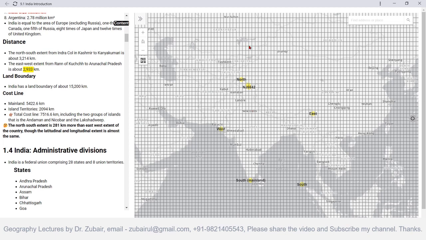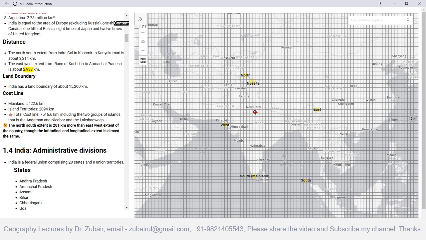But as you move up, you will find that the gap between two latitudes is widening. It is increasing. On the other hand, the gap between two longitudes is the same, but the gap between two latitudes is not the same. It is increasing as you are moving towards the northern side. So this is the projection.